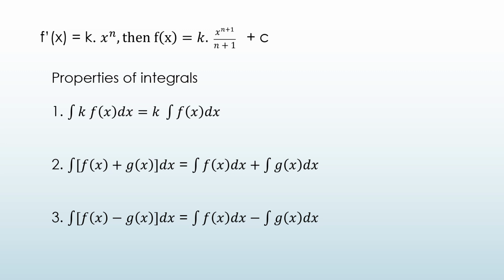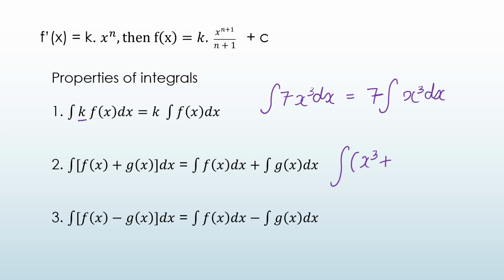We'll discuss some basic properties of integrals. The first one is: consider any constant k times a function. So you could have, let's say, the integral of 7 times x cubed. To integrate, you can place the 7 outside the integration symbol and integrate x cubed using that rule. Similarly, you have two other properties. One is where you are given a sum of two functions, let's say x cubed plus x.